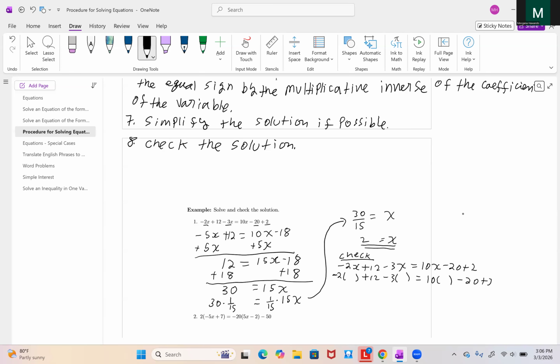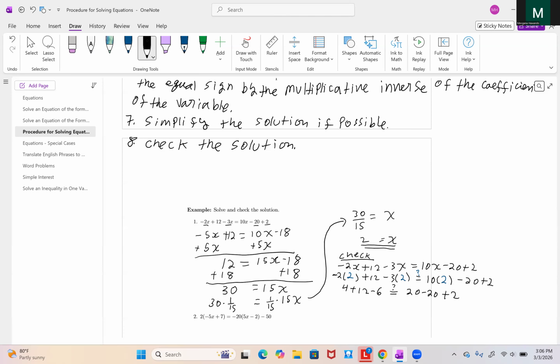We replace x by 2. We are checking if this will give us an identity, and we put a question mark to indicate we are going through the process of checking. Minus 2 times 2 is minus 4, plus 12, minus 3 times 2, minus 6, is equal to question mark. 10 times 2 is 20, minus 20, plus 2.